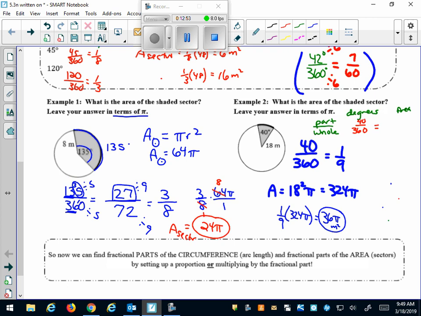And then the partial area is what we're trying to find, and the whole area is on the bottom. So you can do it this way.